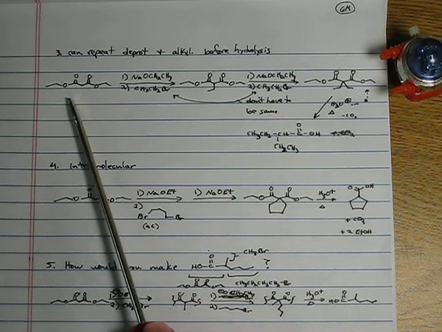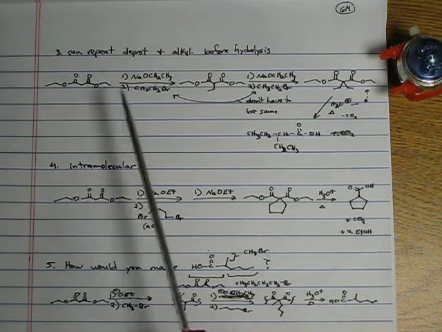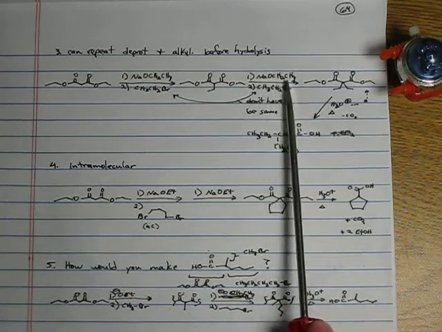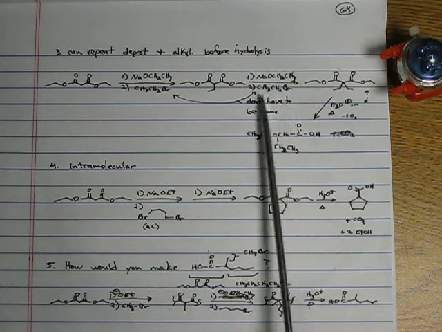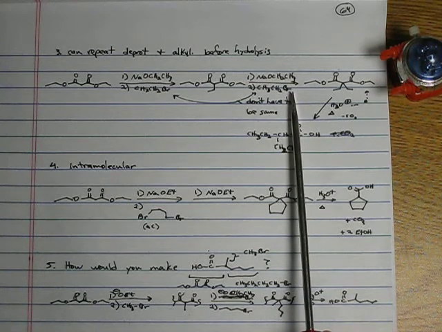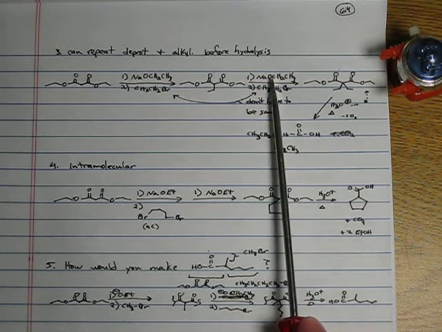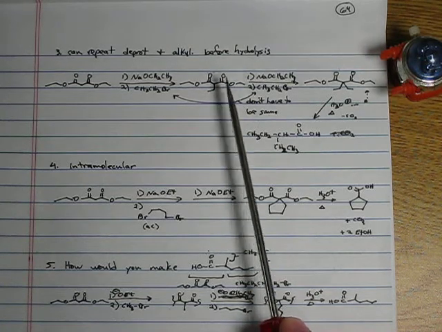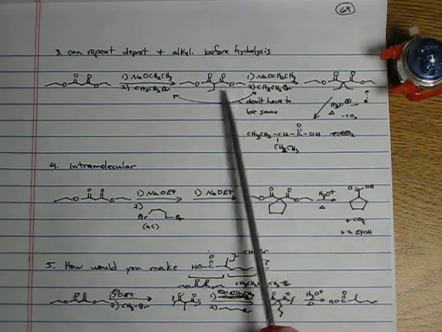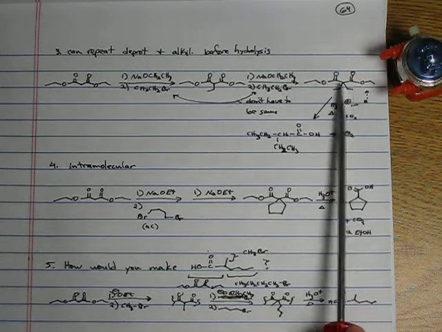Now, if we decide to hold off on our hydrolysis, we can do it again. Add another alkoxide here, ethoxide, with ethyl bromide, and we can see that the negative alkoxide here will take the other proton on this carbon. That carbanion will attack this.